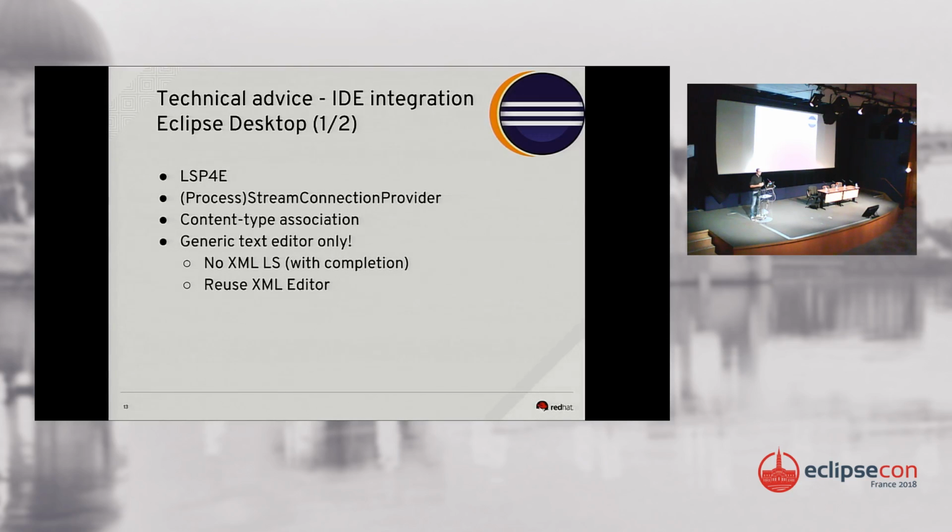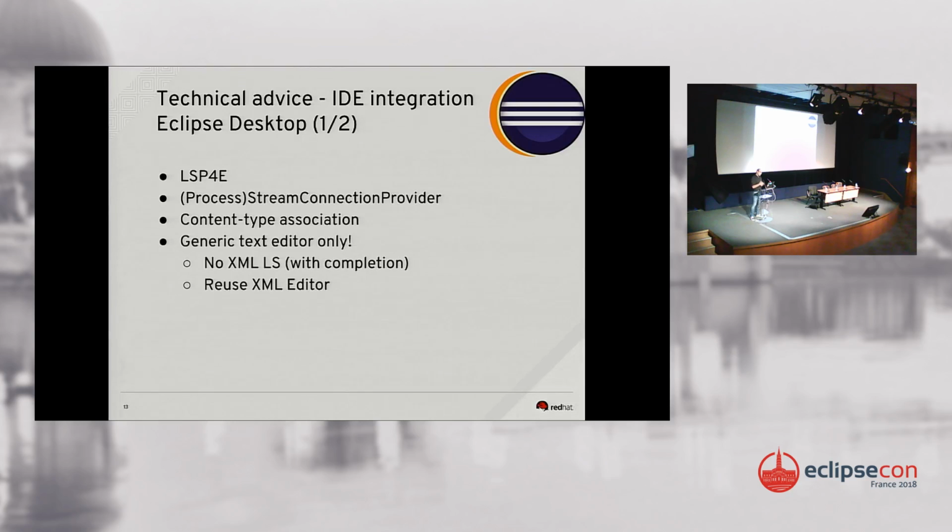So I needed to reuse the XML editor to provide an extension point. The XML editor is providing extension point for completion, and I needed to bind my language server completion to it to have my language server completion inside the XML editor.